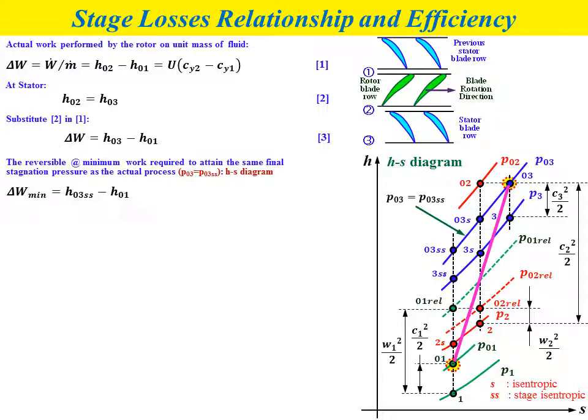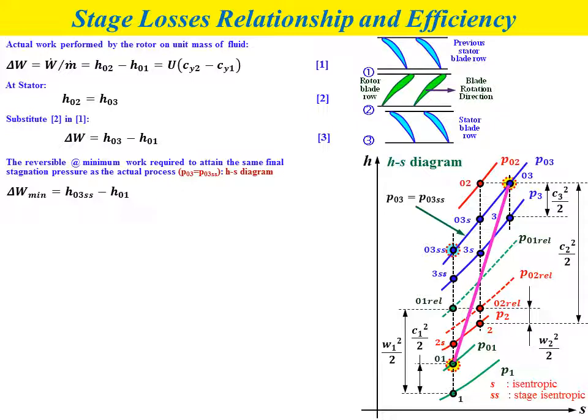So for the ideal case, the best performance for the compressor needs the minimum value of work supplied to the compressor. That's why we consider delta W minimum, where in terms of the enthalpy difference formula, delta W minimum equals H03SS minus H01.